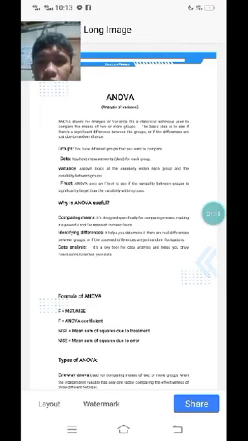F-test: ANOVA uses an F-test to see if the variability between groups is significantly larger than the variability within groups. My example, sir, is that you have evidence that the groups are different.